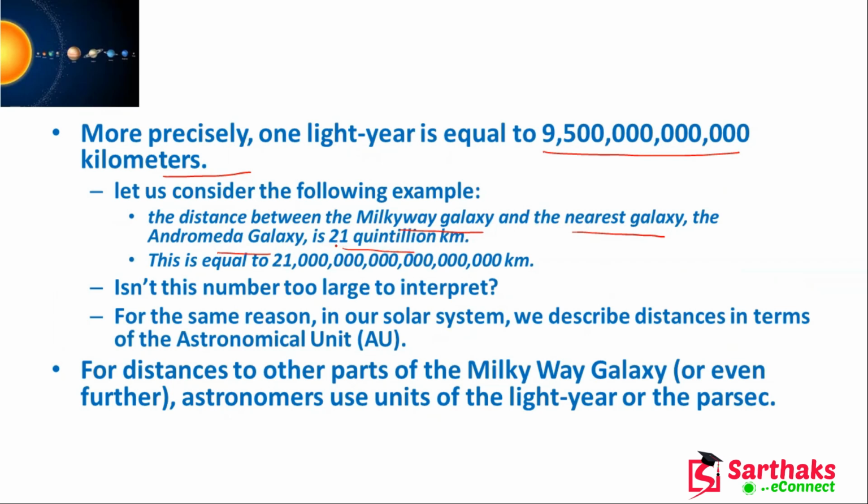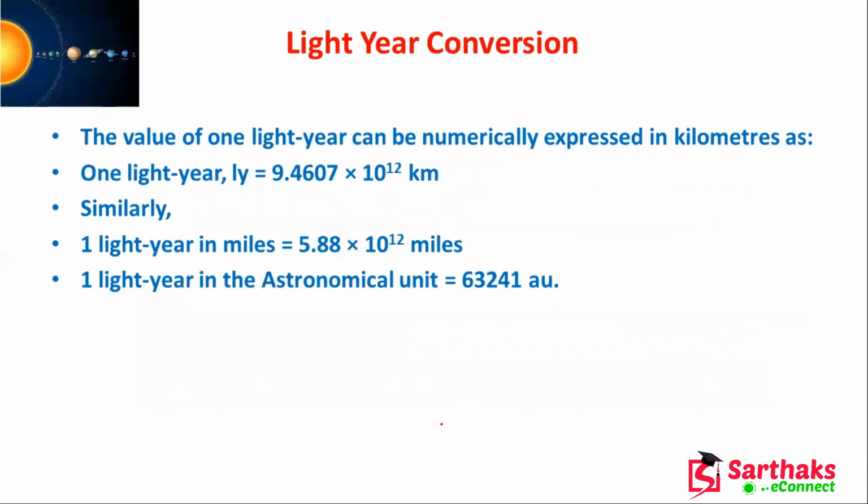This number is too large, right? For the same reason, in the solar system we describe distance in terms of the astronomical unit, and for distances to other parts of the Milky Way galaxy, astronomers use the light year or the parsec.